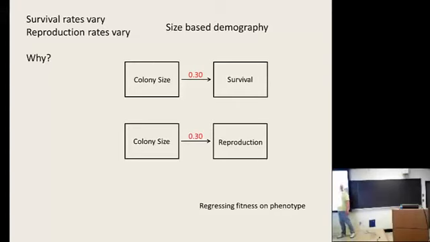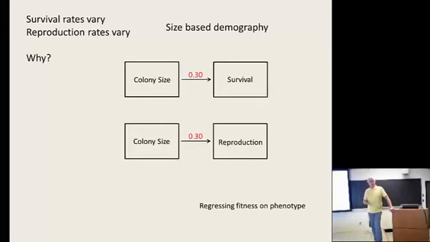So these are selection coefficients. It turns out that colony size, again by chance, has the same selection coefficient on survival as it does on reproduction. Not surprising.